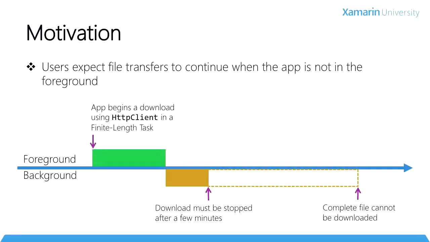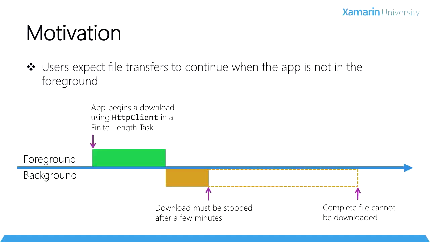If we think back a while, the only way to download large or larger files before that API was introduced was to use the finite length tasks. Until iOS 6, we had 10 minutes to execute code in the background.